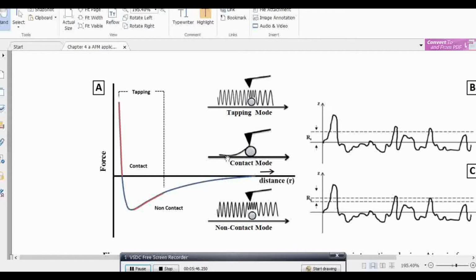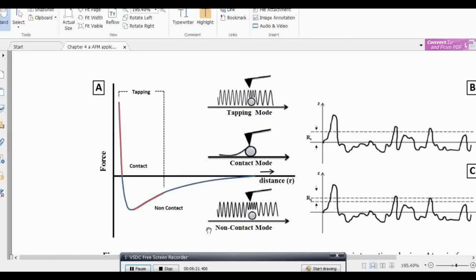So you can get accurate or high resolution images, but the disadvantage of this method is that you will potentially damage the samples, because the tip will be run across the samples. It is not like the tapping one previously explained. So it will go across the samples. That's called contact mode.